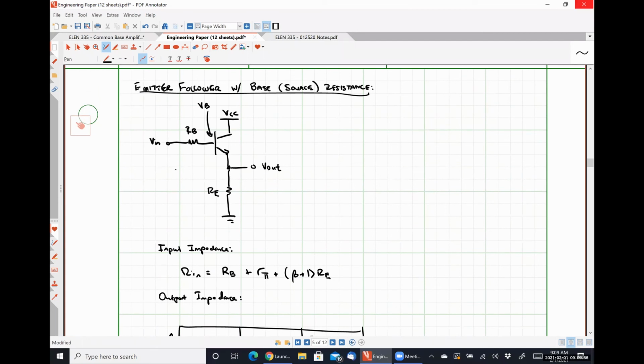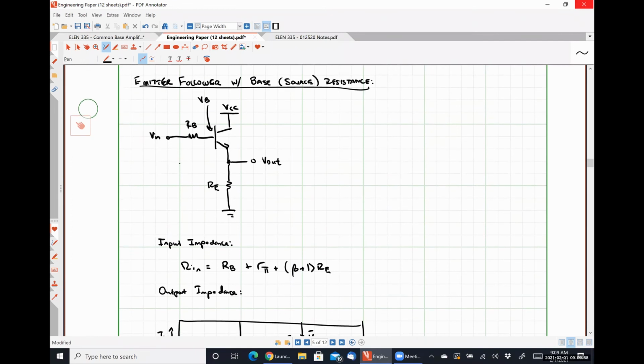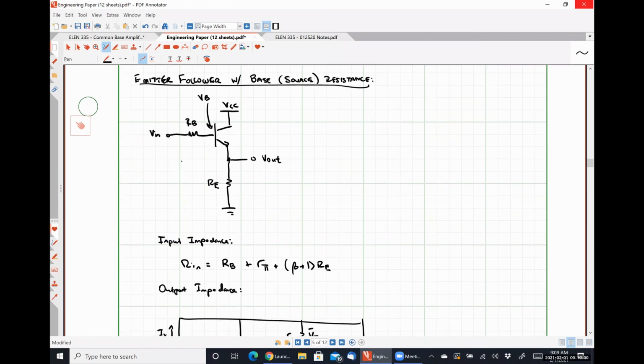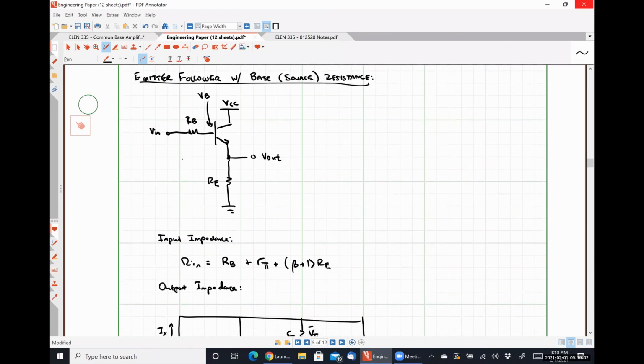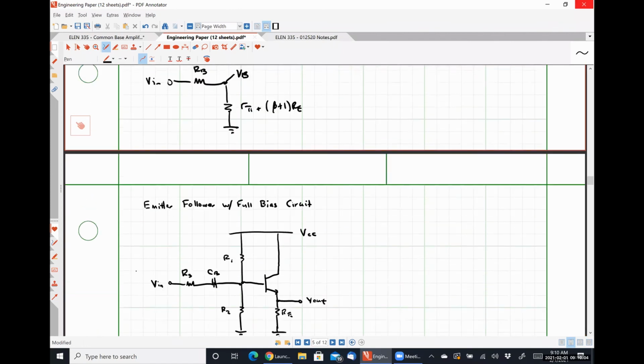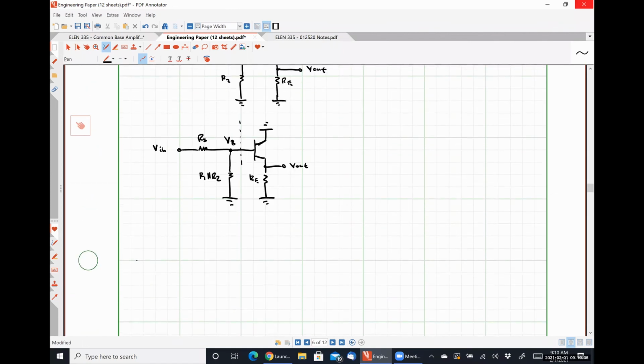So do we actually need to redo the input impedance, output impedance, or voltage gain when we could just see that VB, from a Thevenin perspective, would be RS in parallel with R1 in parallel with R2. And there we go. That's it.